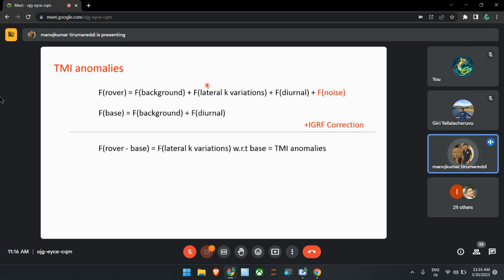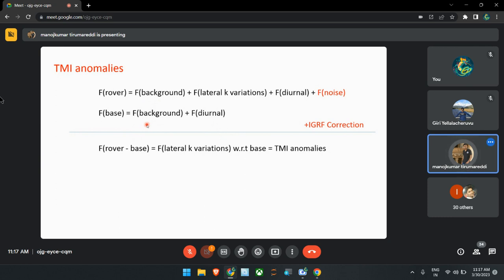That's why, before establishing the base station, the area should be source free. So these two components will not be present at the base station, and it will record the background field and diurnal. If you subtract these values, the background recorded at the field and the background recorded at the base station are almost the same for a ground surface area.